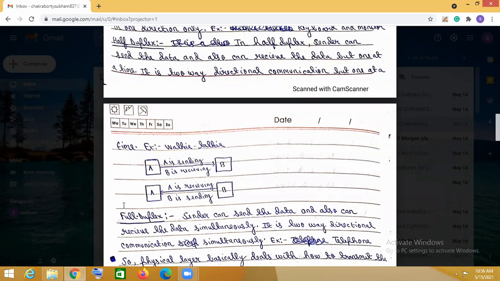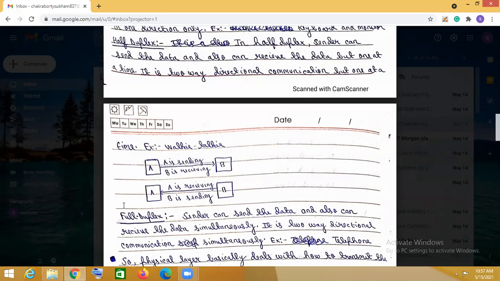Okay, so the physical layer defines which type of transmission mode should be used, either simplex, half duplex, or full duplex. If you observe very carefully, you can see the physical layer basically deals with how to transmit data.